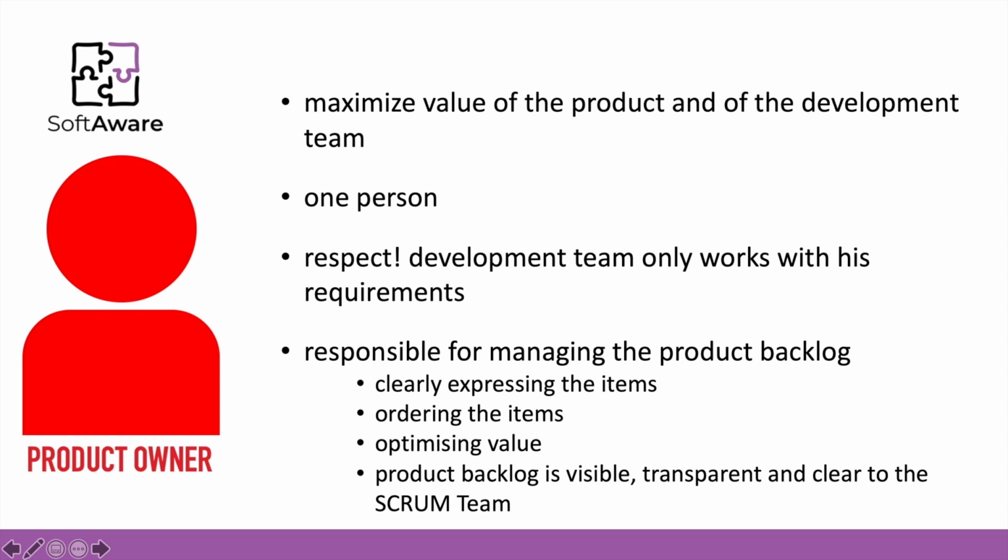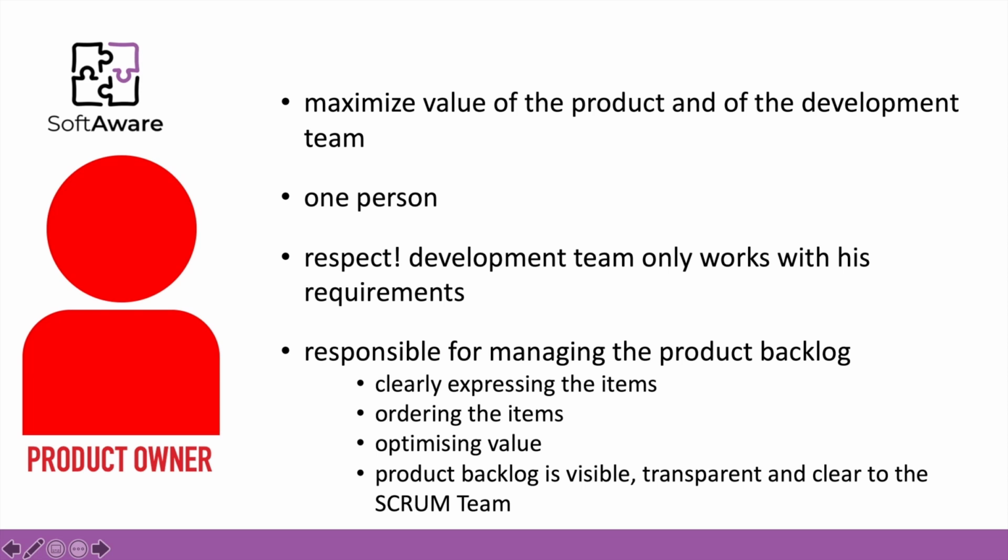Okay, the idea is that those items should be clearly expressed. They should be ordered, and the order is directly related to the priorities of the customer. But then the other criterion for the ordering of items is to optimize the value. A product backlog is visible.